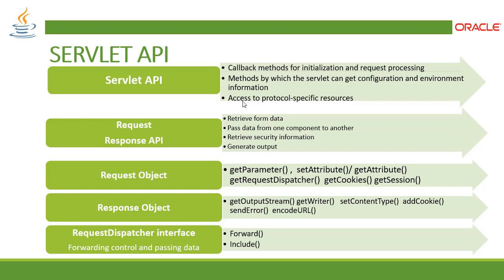What you can do is implement the RequestDispatcher interface and override the forward method or include method and pass the control of the server from the client using the forward method, or include the control of passing the data simply from server to client and vice versa. So this is all about the Servlet API in detail.